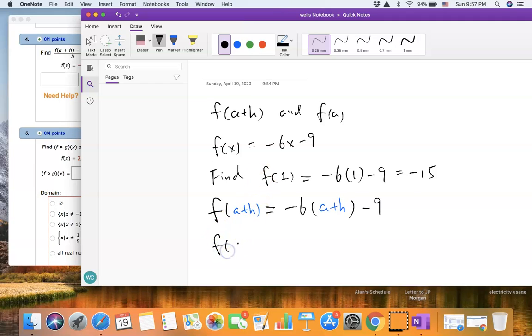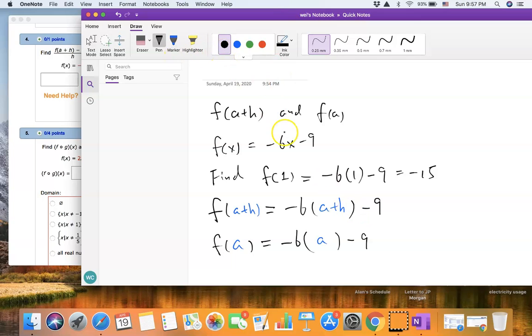Now f of a, so this time I replace x with a. Now, if we don't have x, then we just don't do anything. Like we keep the negative 9 because this 9 doesn't contain any x.